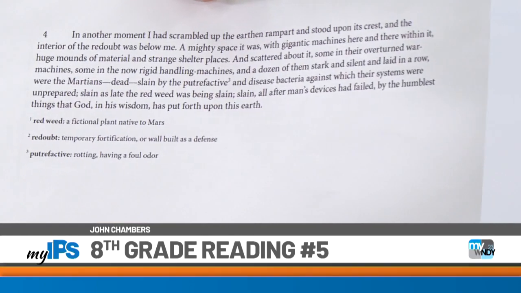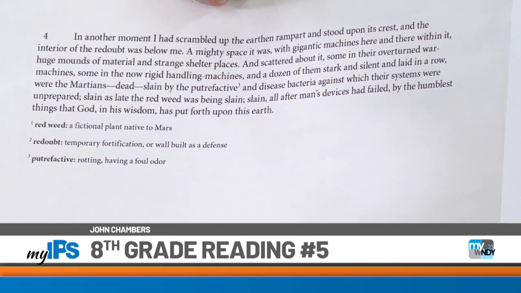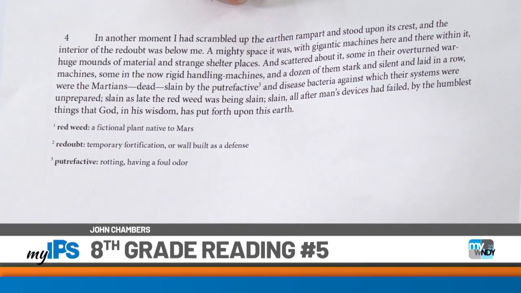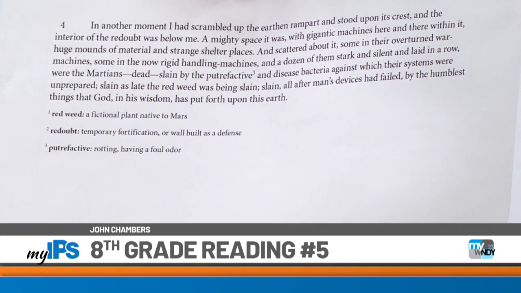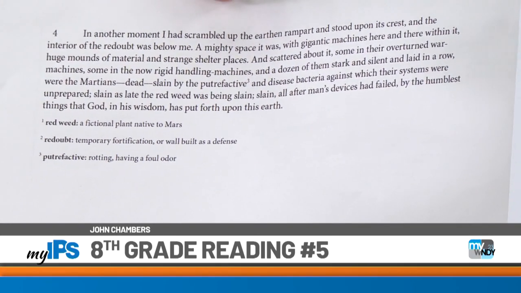All right, paragraph 4. "In another moment, I had scrambled up the earthen rampart," which is just like a hill, "and stood upon its crest, and the interior of the redoubt was below me. A mighty space it was, with gigantic machines here and there within it, huge mounds of material and strange shelter places.